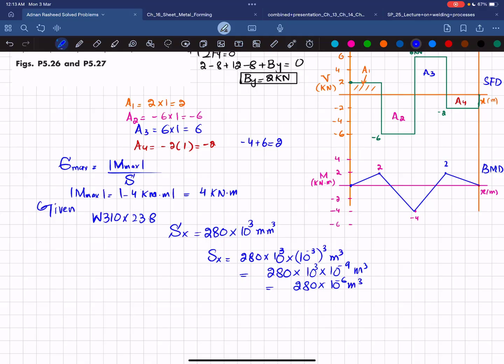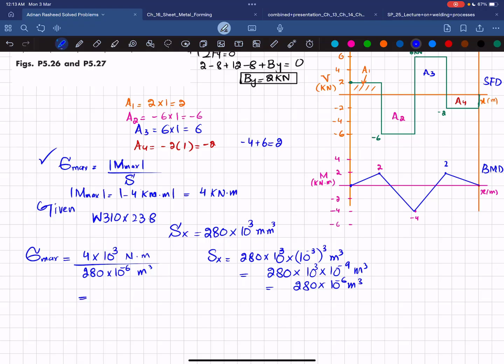Now you have both the values, just use this formula. Maximum bending stress is equal to maximum bending moment, which is 4 kilonewton, so 4 into 10 to the power 3 will give you Newton meter, divided by SX, which is 280 into 10 to the power minus 6 cubic meter. Newton into meter, so 1 meter will cancel with that.